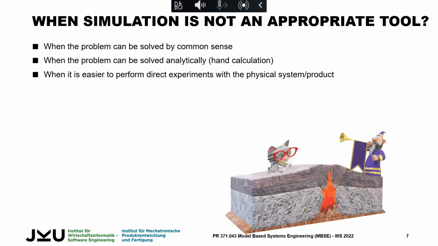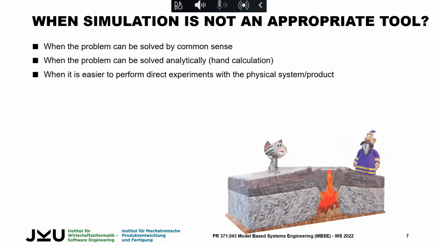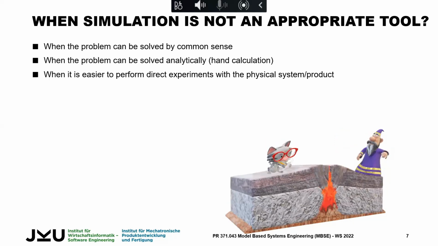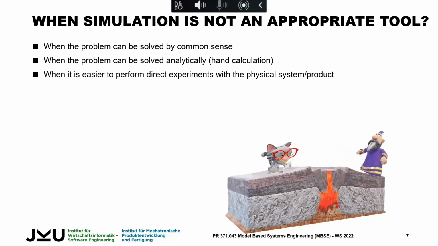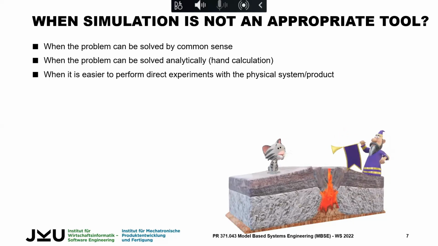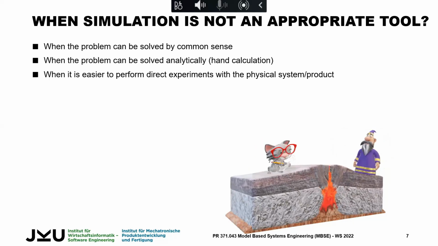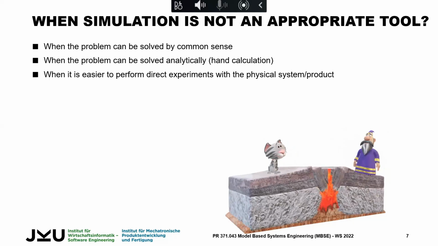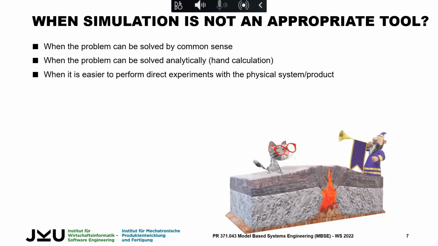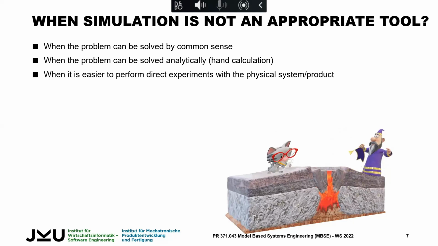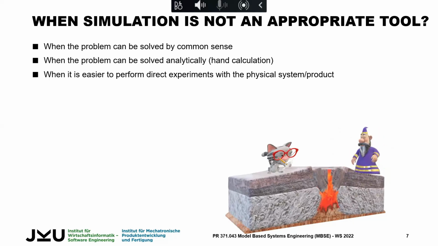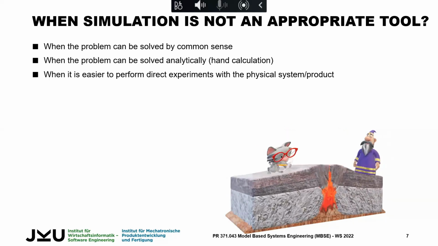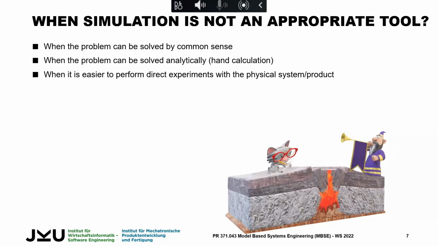Sometimes it is wiser to have the physical experiment rather than a computer simulation, because to do simulation, you need to create the right models, you need to create the right environment, then you are supposed to run the simulation. And if you can run a test with the physical system without simulation and it is easier, then you do not need to do the simulation.